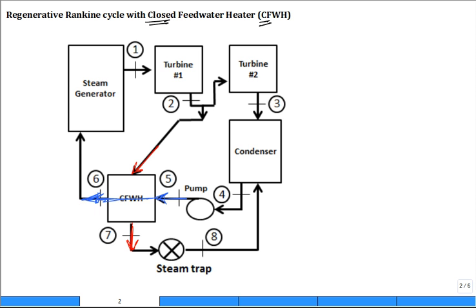They don't mix. The warm stream typically stays on the shell side of a shell and tube heat exchanger. So you have a shell with tubes running through it. And the cool side, this liquid from 5 to 6, is in the tubes.